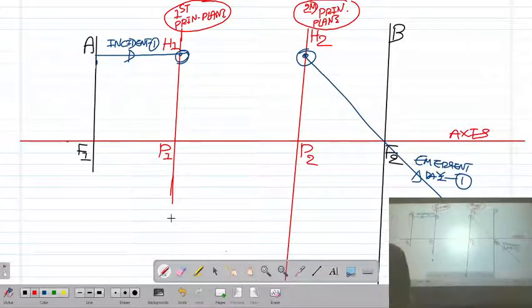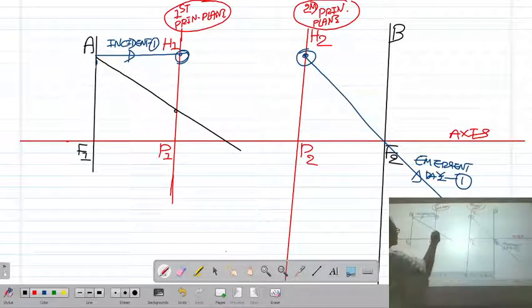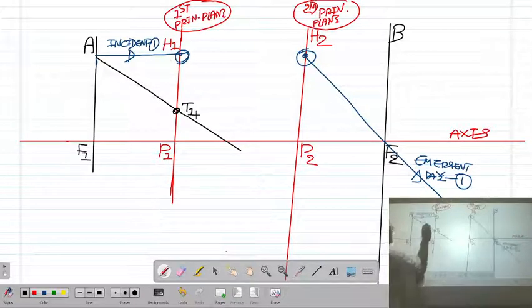Next, now we can consider another ray. Now we consider another ray AT1. This is the incident ray number 2.